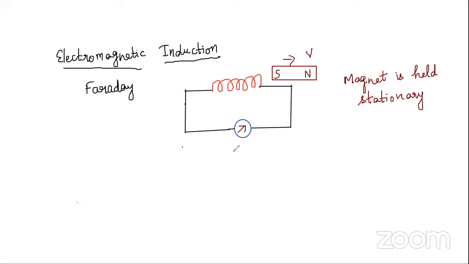The next thing is we can have this kind of setup. I will write that in the next page. Let me draw that here. So here you are having a battery.